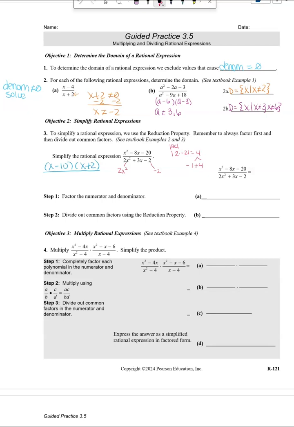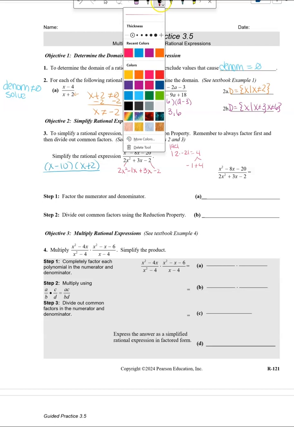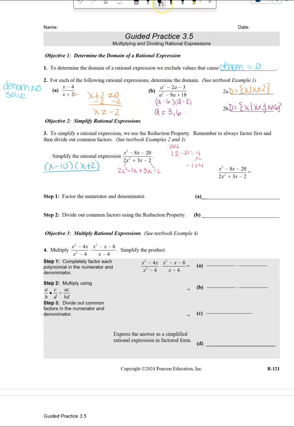It doesn't matter what order you put them in, but they each need an x if they're going to combine to give us a 3x. So negative 1x plus 3x. There's 4 terms, so we automatically know to go by factor by grouping. The greatest common factor from the first group is going to be an x.